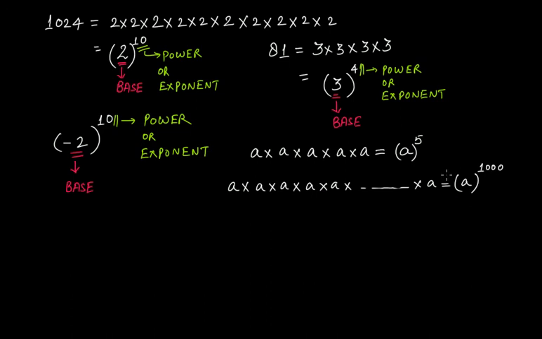Now let's take one more situation. Let's say that we have one number, 225. We have this number 225. Now do one thing, do prime factorization of this number. So let's divide this with 3 first. If you divide this by 3, you get 75.